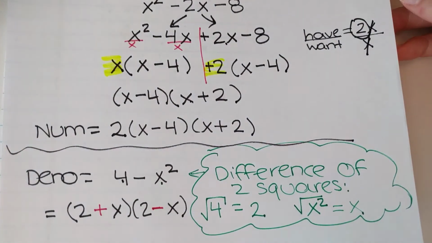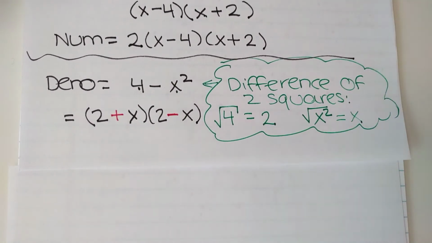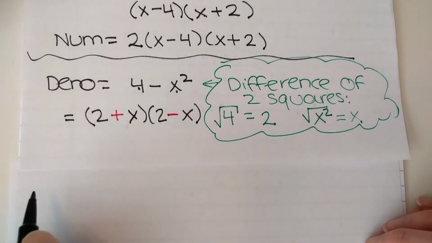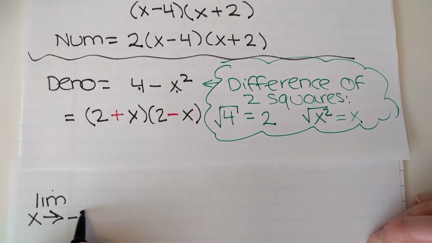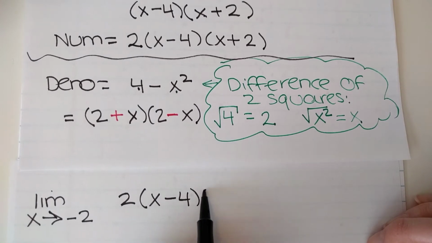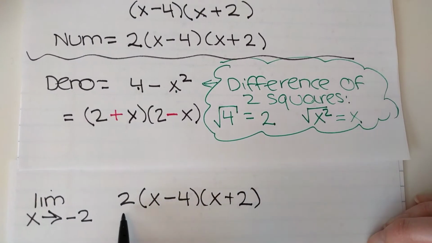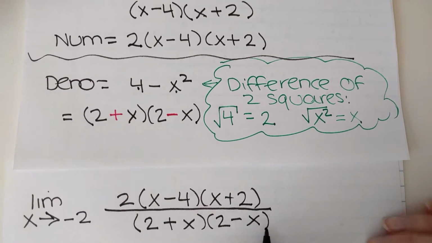But once we get our numerator and denominator factored, then we will return to the limit and plug in those factorizations. So again, our limit is now going to look like the factored form of the numerator, which is 2 times x minus 4, x plus 2. And then the factored form of the denominator, which is 2 plus x, 2 minus x.